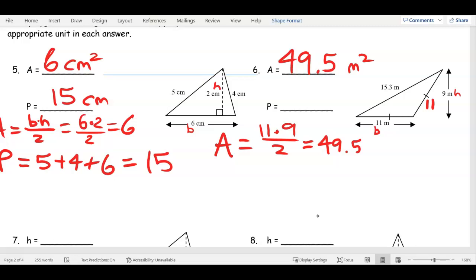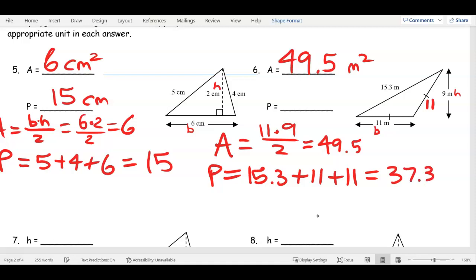And now I can add my 3 sides. So it's going to be 15.3 plus 11 plus 11. And I should get 37.3. And again, this is going to be meters, not squared, because we're not talking about area.